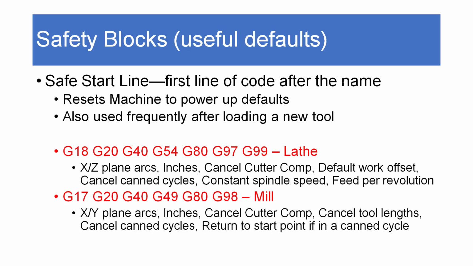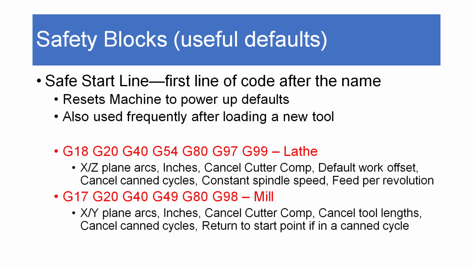We've got a set of blocks made up for lathe and for mill. They're sitting up here right in front of your screen: G18, G20, G40, G54, G80, G97, G99, and then G17, G20, G40, G49, G80, G98 for the mill. That sets what XY plane it's going to arc in, puts the machine into inches, turns off any cutter compensation, tool lengths, and canned cycles, and then returns to the start point if it's in a canned cycle.